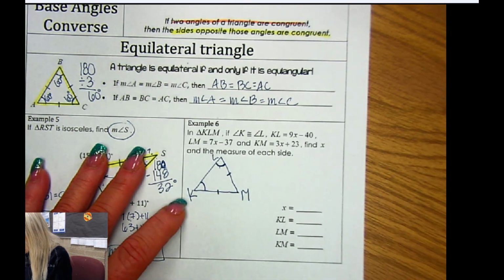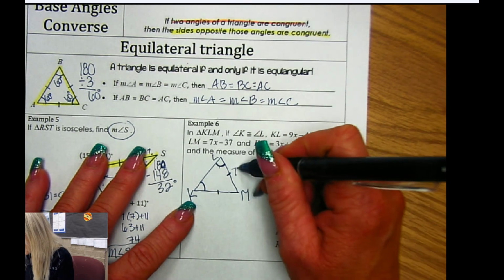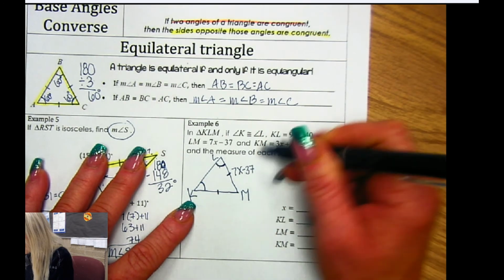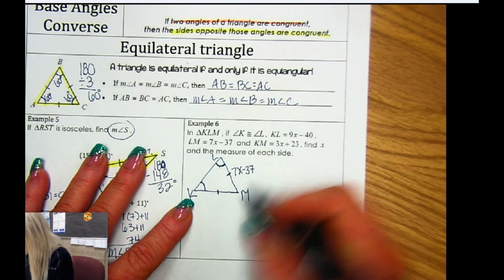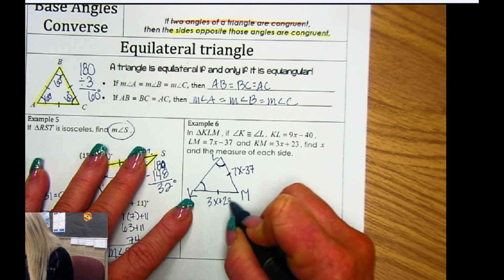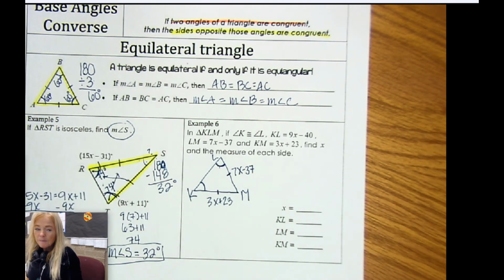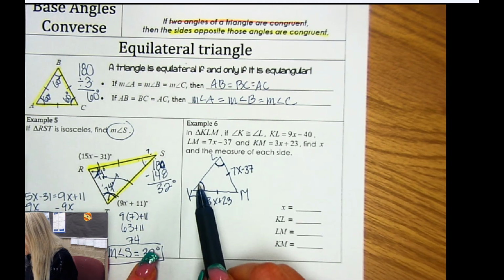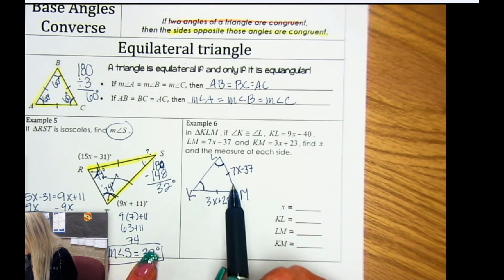And then it tells us LM is 7x minus 37, so we'll mark that. KM is 3x plus 23, and asks us to find x, on the measure of each side. I don't know that we're going to be able to get this side, but we can get these two sides.